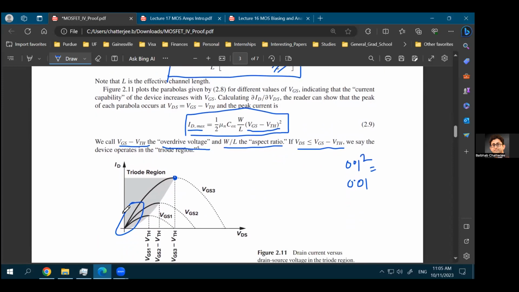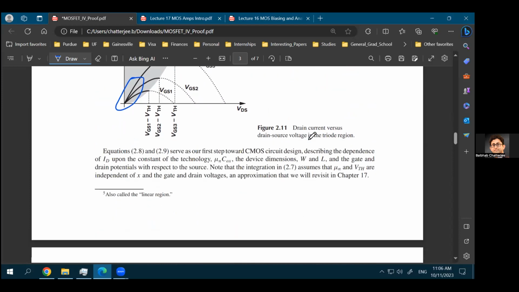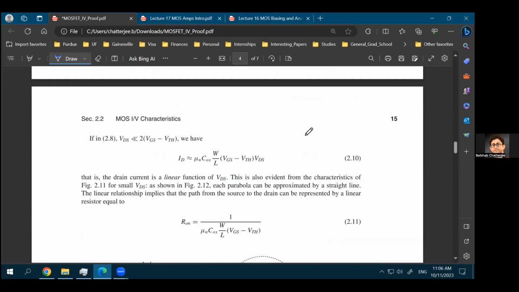So this is called the linear region or the triode region for the MOSFET when your VDS is less than equal to VGS minus VT. So that's the definition of your triode region or the linear region, that your VDS has to be less than VGS minus the threshold voltage. All right.